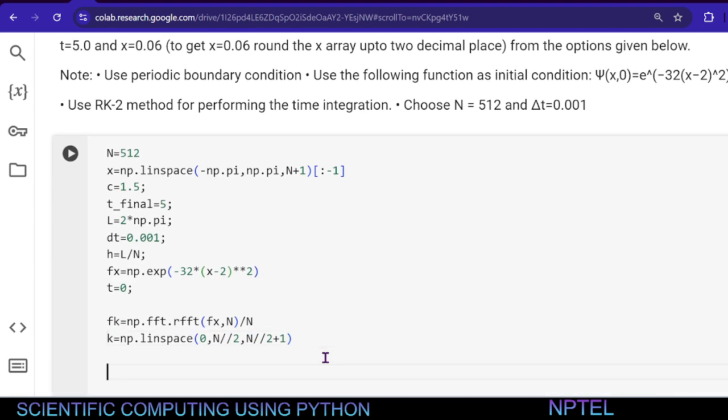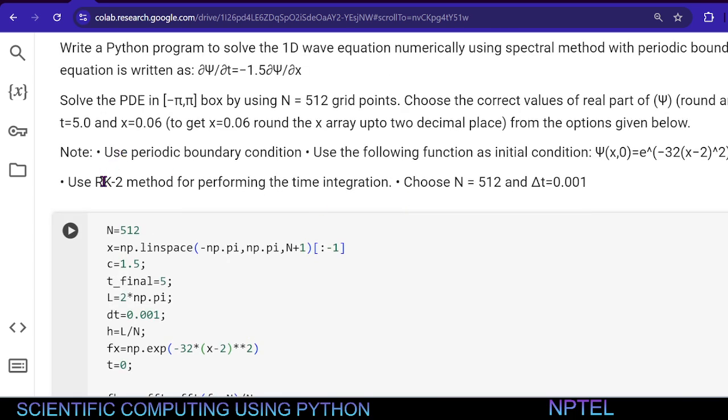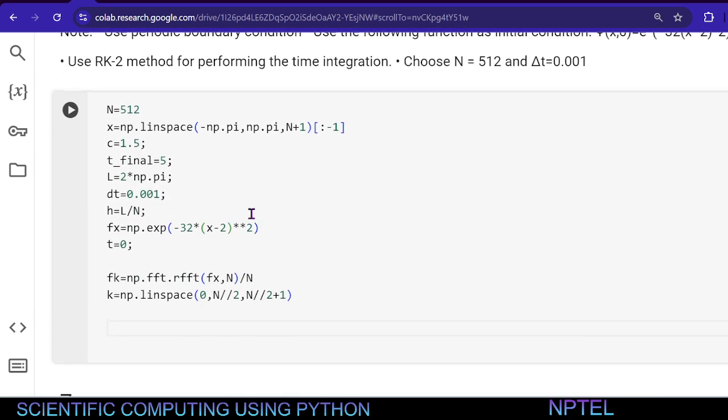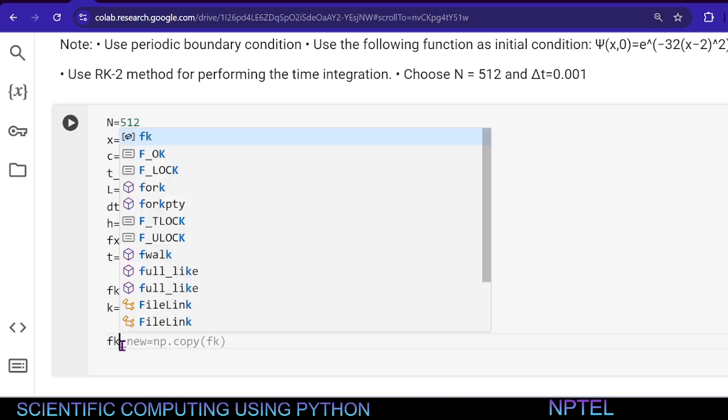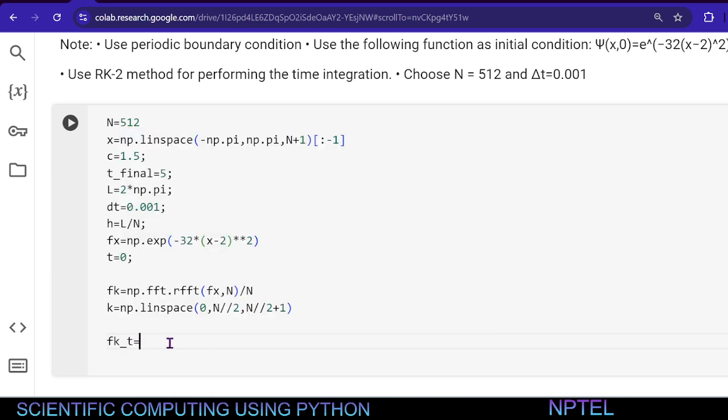Let's do one thing. We have to use RK2, it's given, but we know what the final answer will be, right? f_k(t) is going to be the exponential of f_k times this exponential: f_k times np.exp, and since it's just d by dt, it's going to be minus 1j k t.